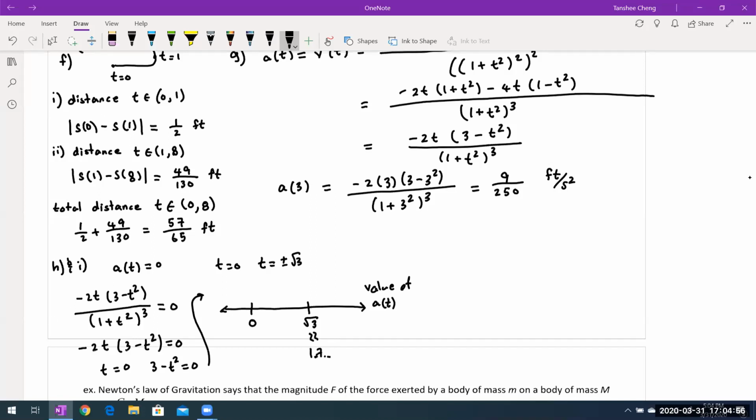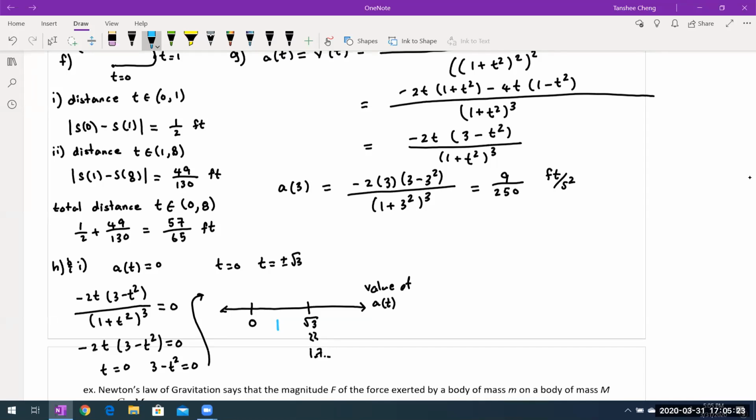So I'm going to pick 1 for the first interval, and when I substitute into the acceleration function, the first factor is negative, the second factor is positive, and the denominator is positive.